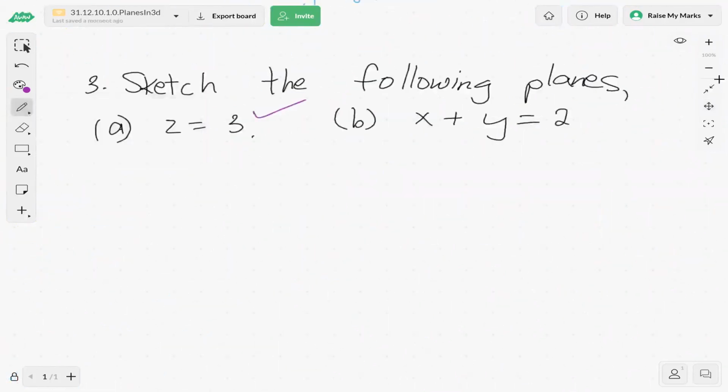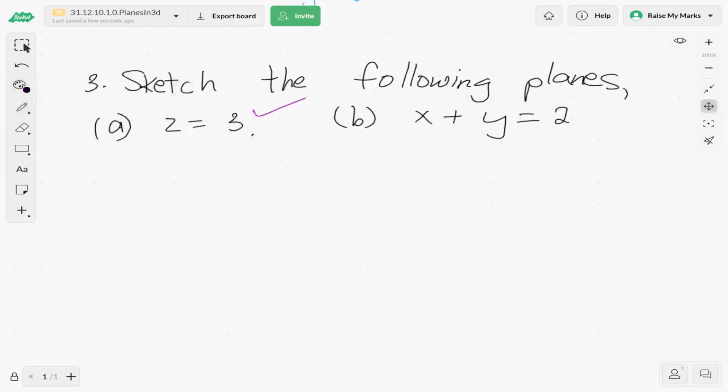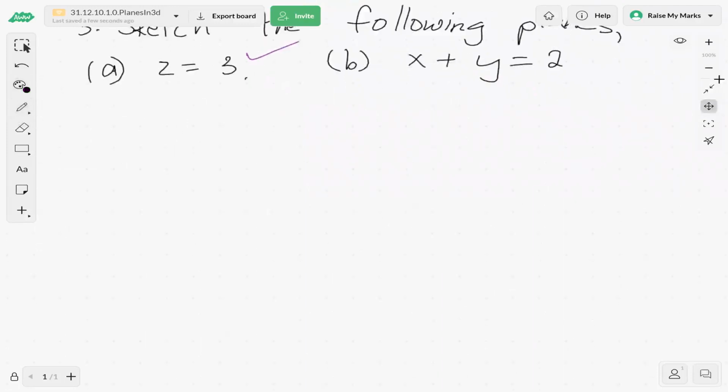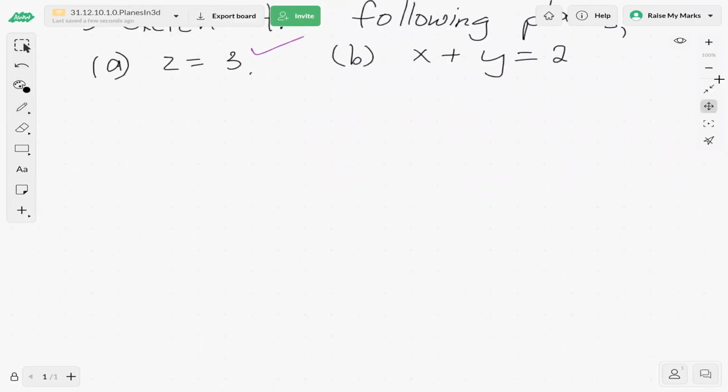Second one, x plus y equals 2. Let's have a look at this one. Let's draw our axes. We can figure this one out. If we can, then maybe we could figure out that second question in part 2. All right, our axes.